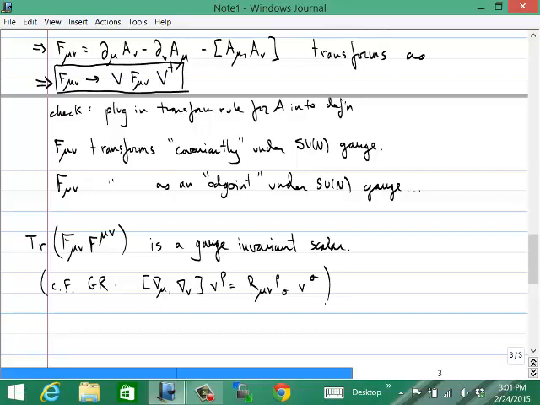And so you can see this is nearly identical to the definition of F. And in fact, if I hadn't suppressed all of my indices and wrote out the matrix indices of F explicitly, then it would look even more similar. So it is very similar to the expression for the Riemann tensor in general relativity.